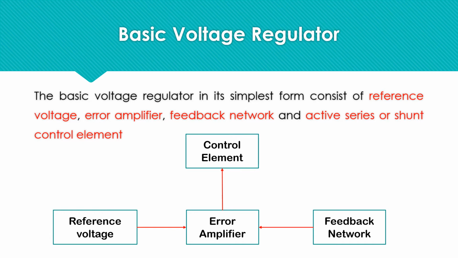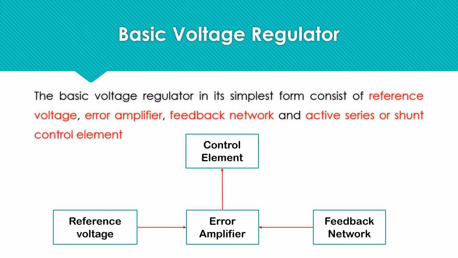The other input to the comparator or the error amplifier is obtained from the feedback network. So the feedback network is from the load side, and it is normally a sampled output. We consider a part of the output, which is taken and given as input to the error amplifier. This sampled output is normally obtained through a potential divider network.